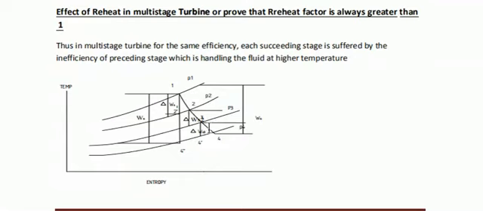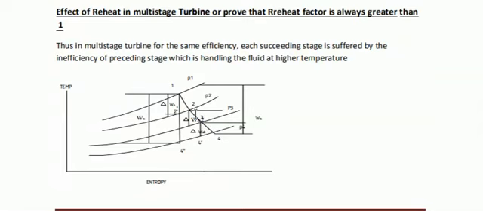This is a three-stage turbine. The initial pressure is P1, the first stage pressure is P2, the second stage pressure is P3, and this is the third stage. So 1 to 2, 2 to 3 and 3 to 4 are the stages of the turbine.